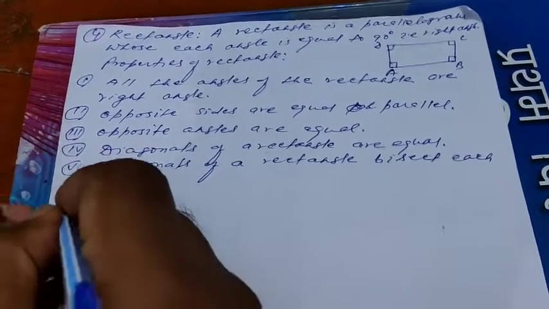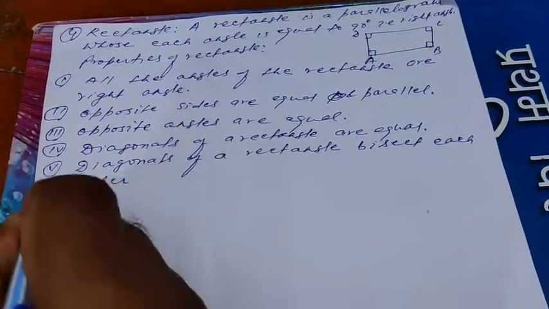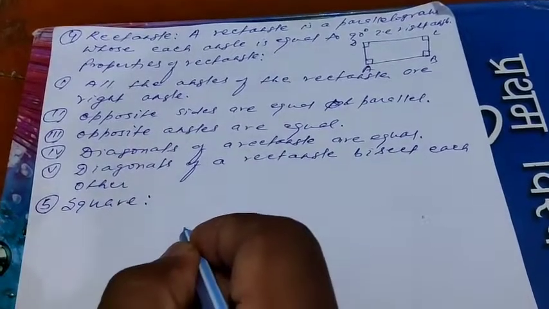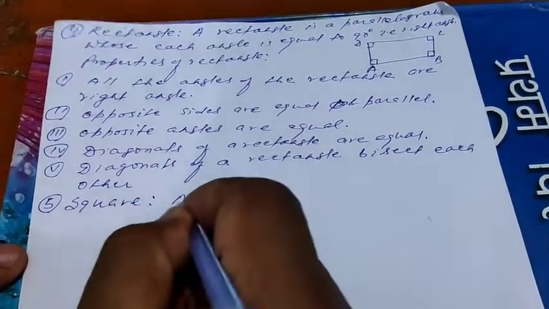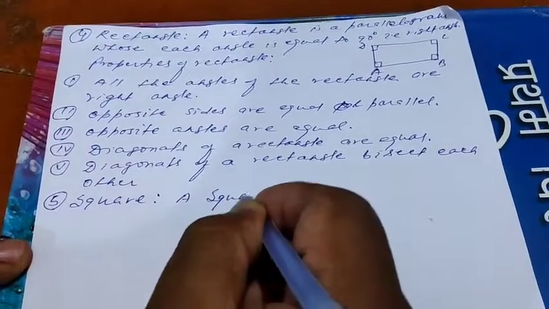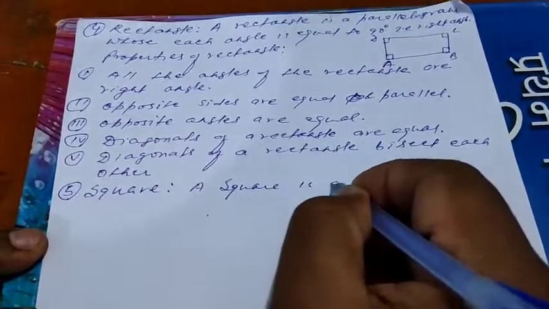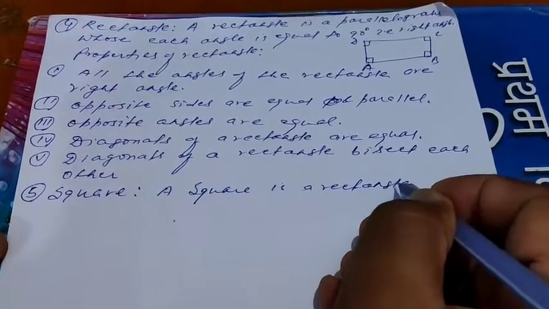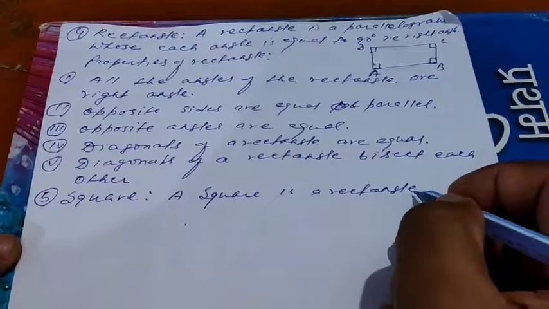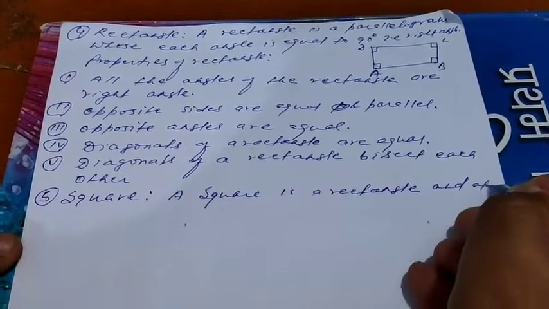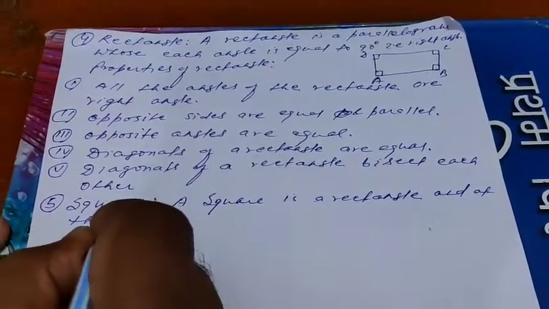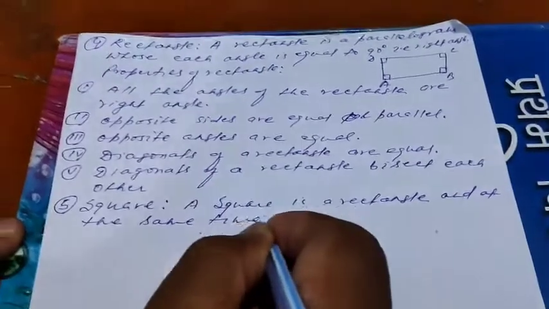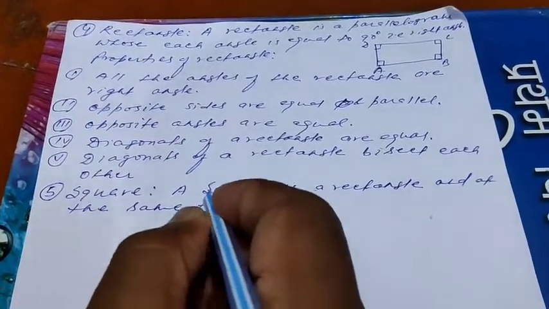Now, next is a square. A square is a rectangle and at the same time it is a rhombus.